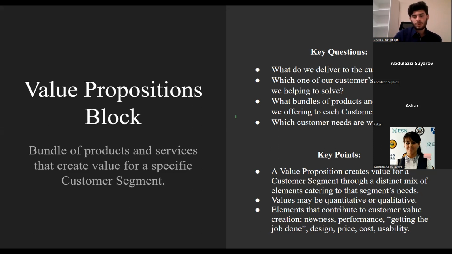So when you lower the cost of a product with the same price, this could be a value that you produce. You don't have to come up with a completely new idea, a completely new design, or a new product. You do not have to.